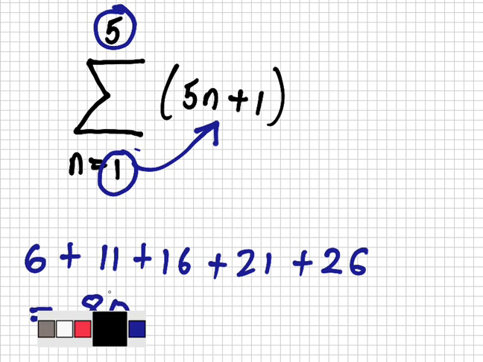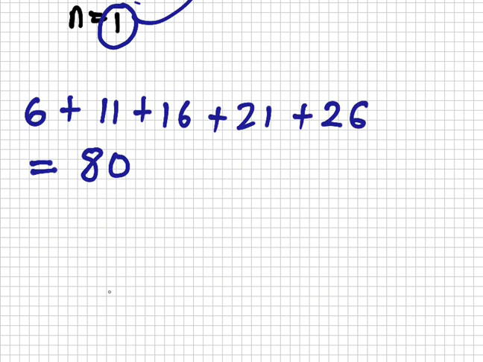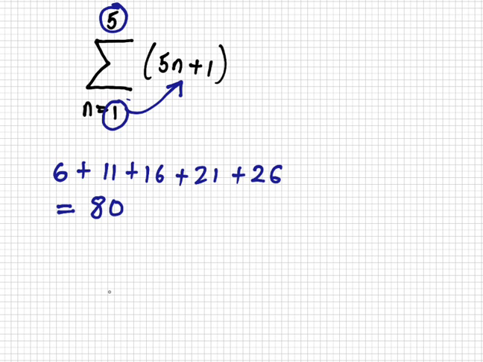All right, let's have a look at another example now. Yeah, another example. This one here is a little bit different because I don't start at 1, which is okay.